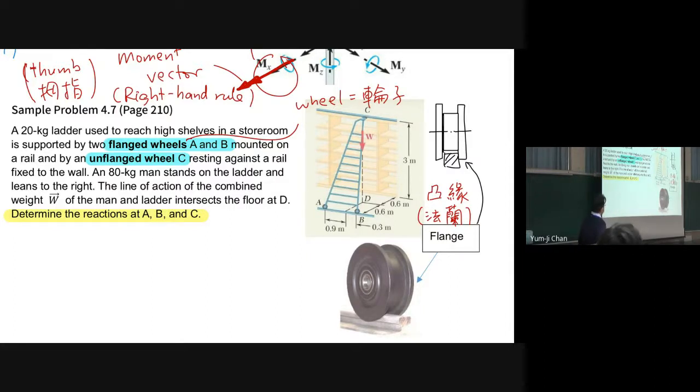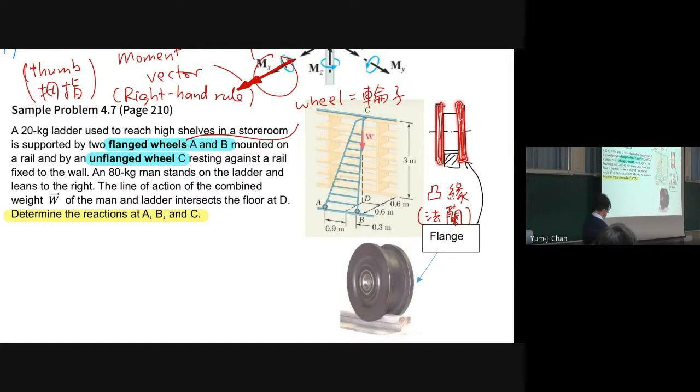Now the wheel at C is unflanged. So can anybody tell me the difference between the flanged wheel and the unflanged wheel in mechanics or in statics? A flanged wheel has two sides here.